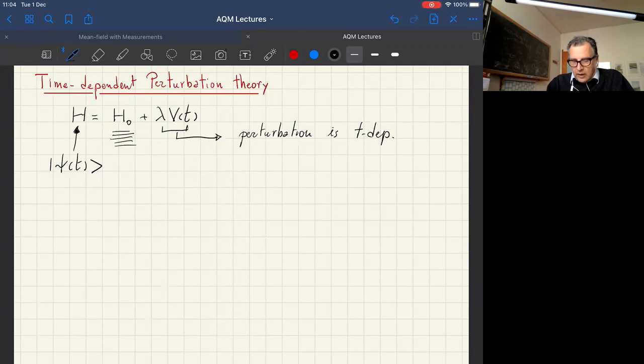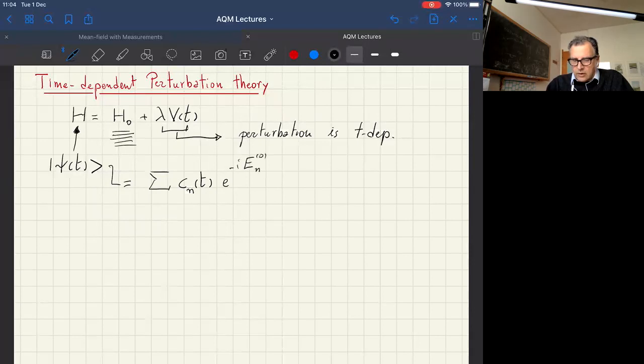I remind you the basic steps. First of all, we found a convenient representation, a convenient basis. The basis over which to construct the perturbation theory was the basis of the eigenstates of H0, with the factor e to the minus i E t.